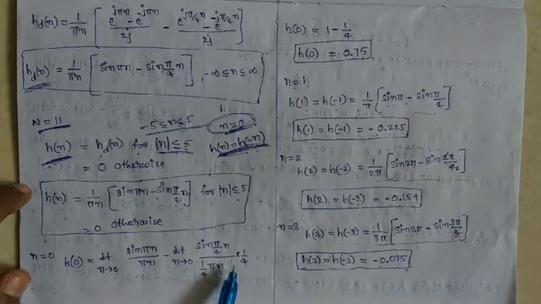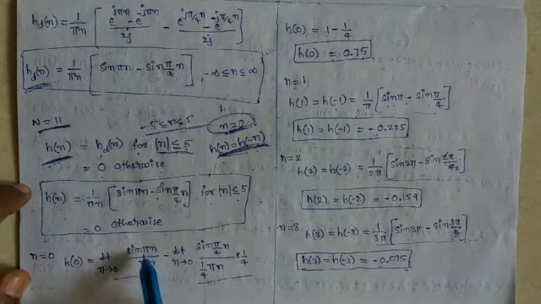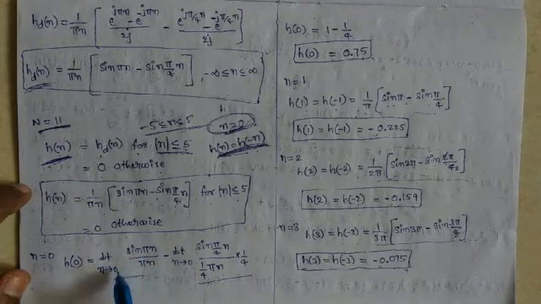Here we are multiplying by 1 by 4 and dividing by 1 by 4. Here these two are of the form sin theta by theta, limit theta tends to 0.